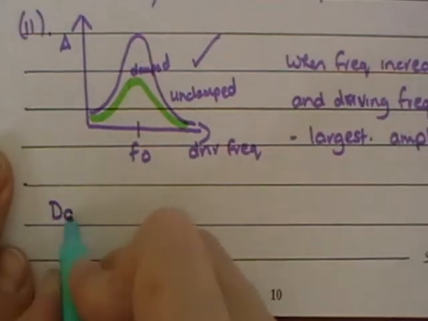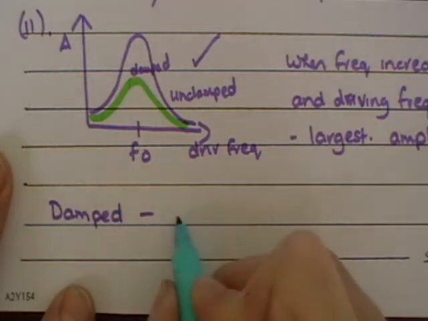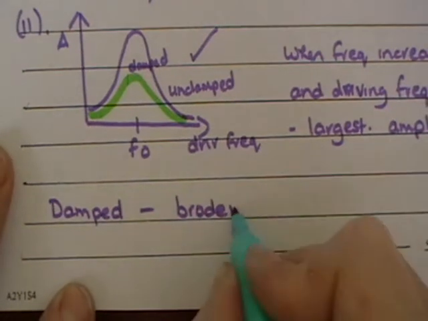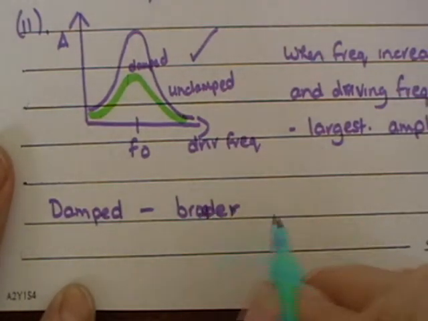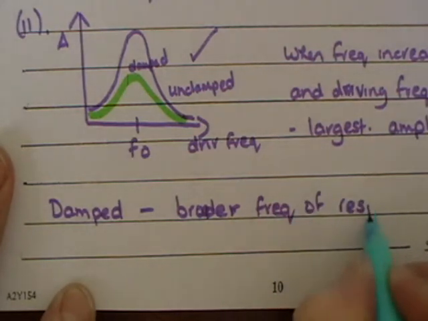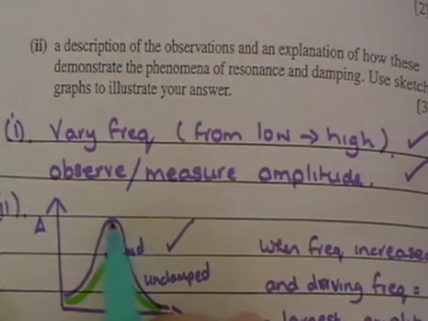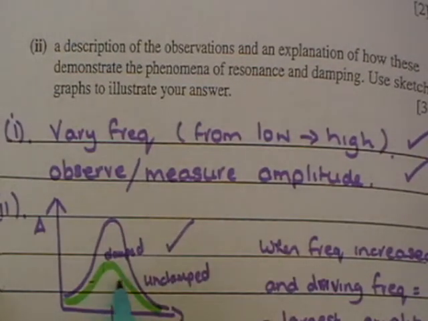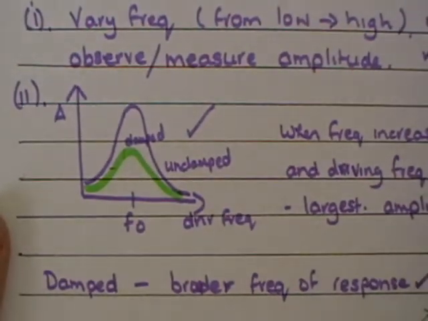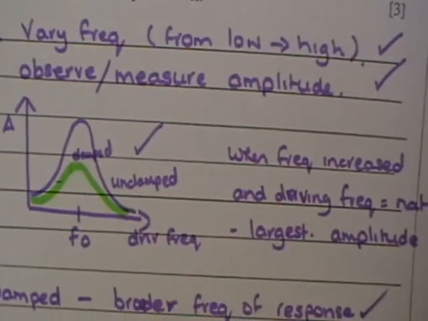The way they've described this in some of the mark schemes, and it's quite a good way to describe it, you get a broader frequency of response. And that means, if I just show you what that means on the little graph, here this is quite narrow where the peak is, but here it's quite wide, and that's what they mean. And that will definitely get you your 5th mark. So if you can learn that off, that becomes quite an easy question to answer.